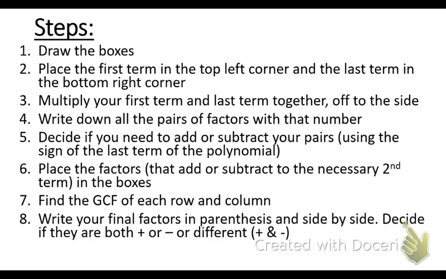Okay. The one part of this one I want to point out that we haven't had to talk about is when it says decide if I need to add or subtract in step number 5. That's going to depend on the sign of the last term, and then we're going to have to be careful with the factors and how we place them.